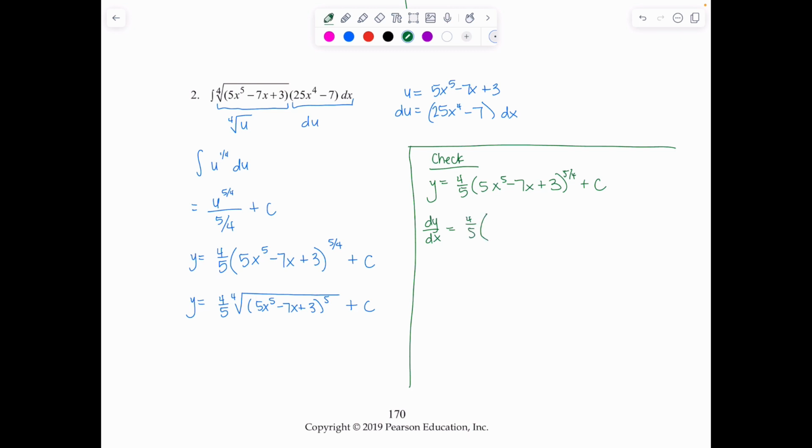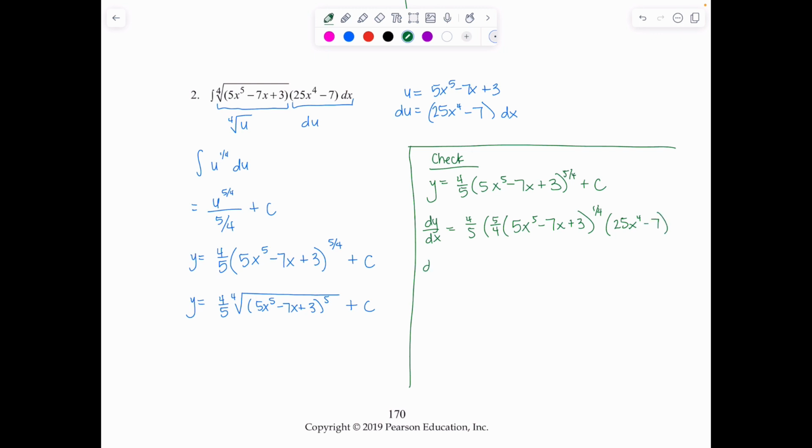We'll do our power rule, so we have 5/4 times the inside to a 1/4 power. Chain rule, we take the derivative of the inside, so we have 25x to the 4th minus 7.